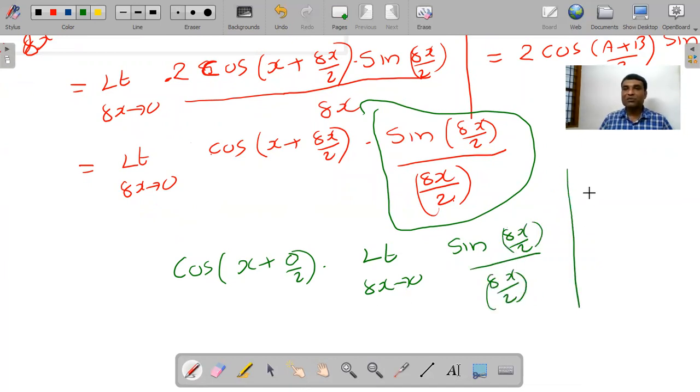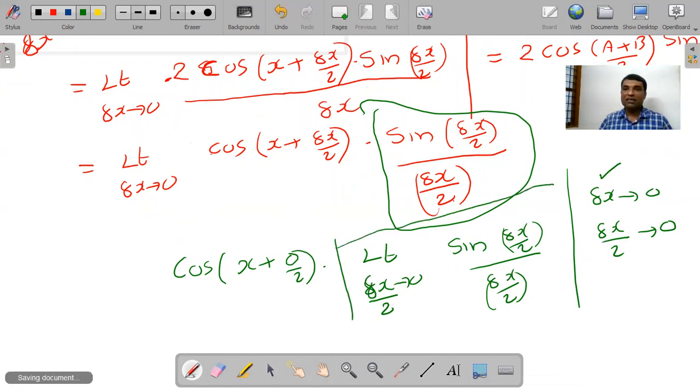If delta x tends to 0, it means delta x by 2 also tends to 0. So I can simply write a 2 here, right? If this tends to 0, obviously delta x by 2 tends to 0. So I wrote this thing. So this is a well-known limit. What is the value of this limit?